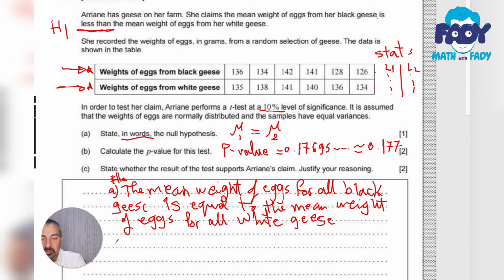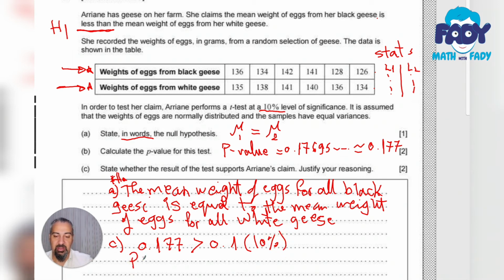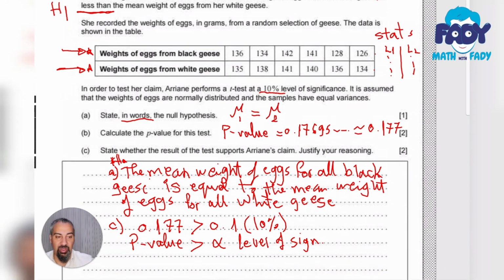So we can see that 0.177 is more than 0.1, this is the 10%. This means the p-value is more than alpha. What is alpha? This is the level of significance.